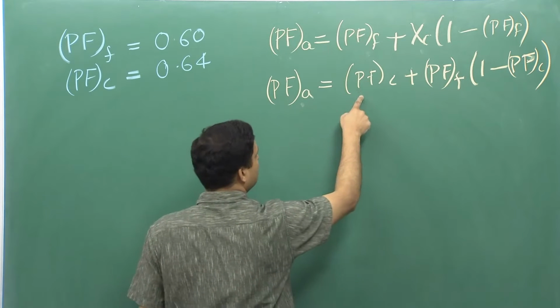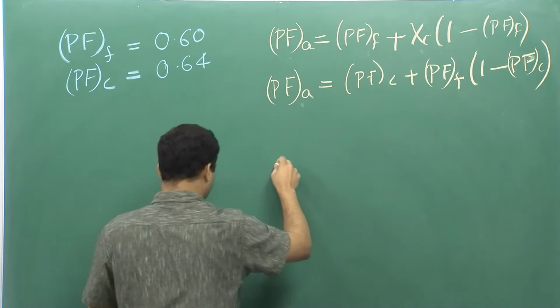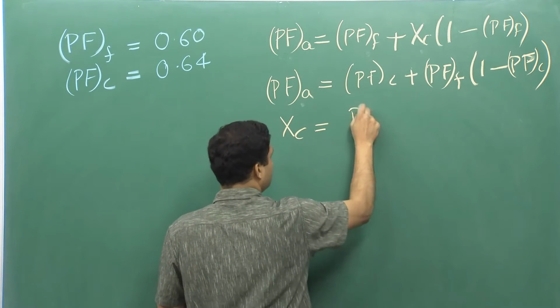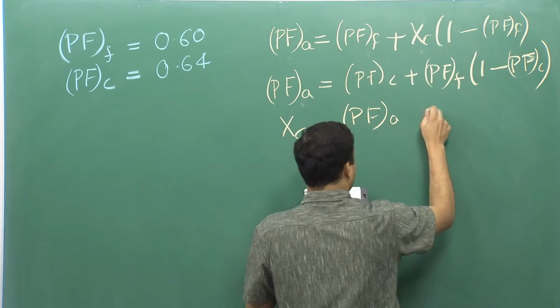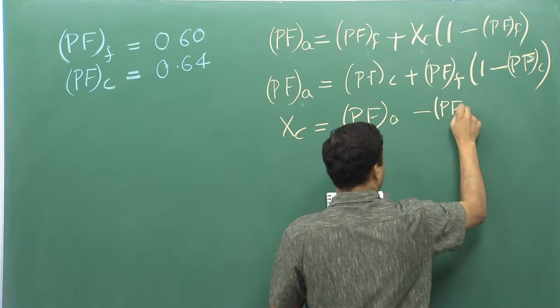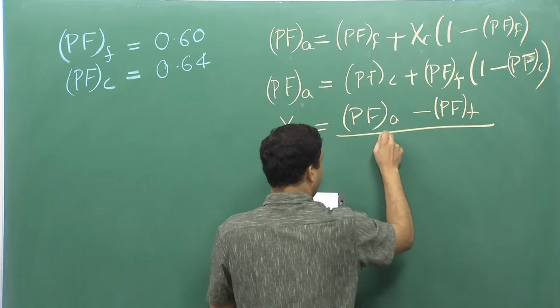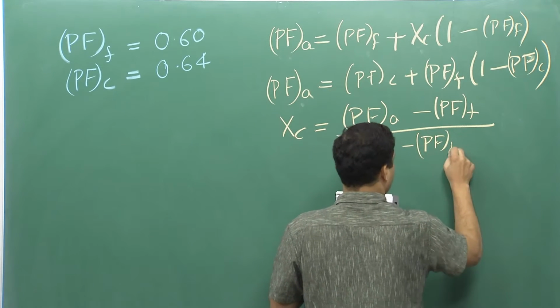So, we put this value over here and then we will be in a position to calculate XC. So, we equate the PFA as this equal to that, and therefore, let us put it over here and you would see that XC comes out to PFA minus PF fine. We are using this equation, and on the bottom you have PF fine.